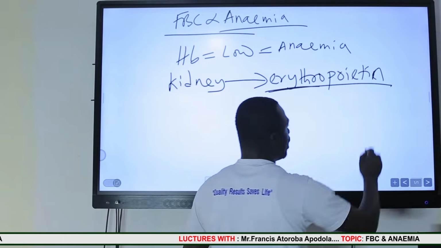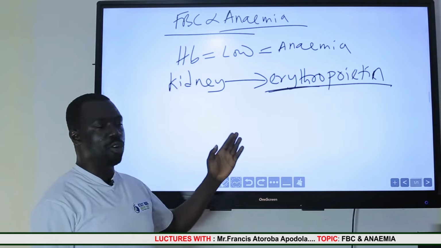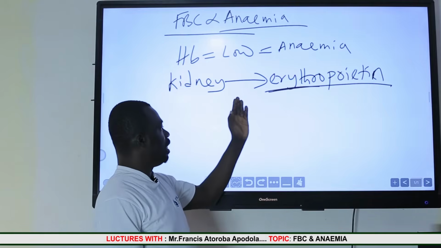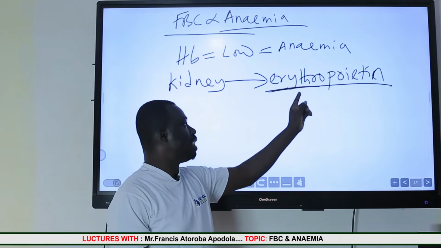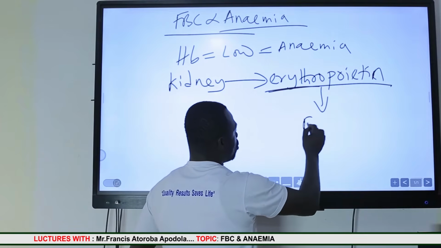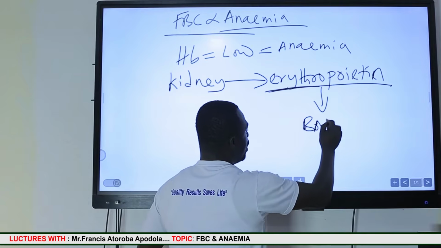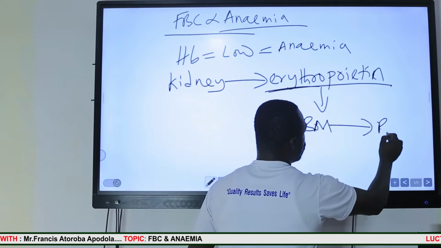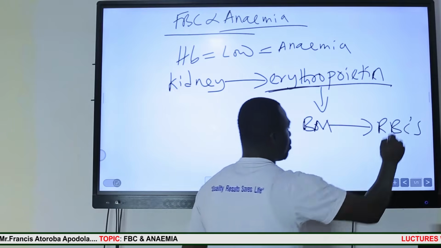So erythropoietin is actually a hormone that is produced by the kidneys. And when it is produced, this hormone travels to your bone marrow. So BM means bone marrow, and it stimulates your bone marrow to produce RBCs, red blood cells.